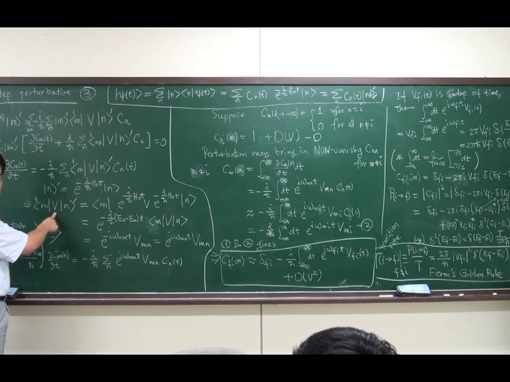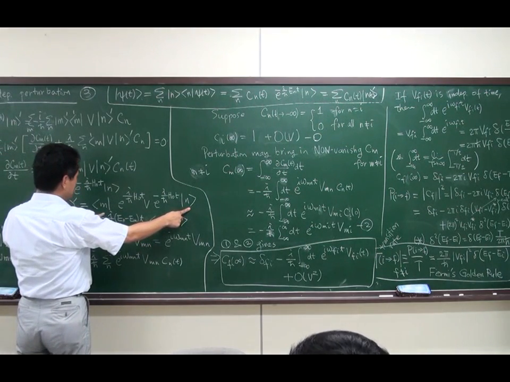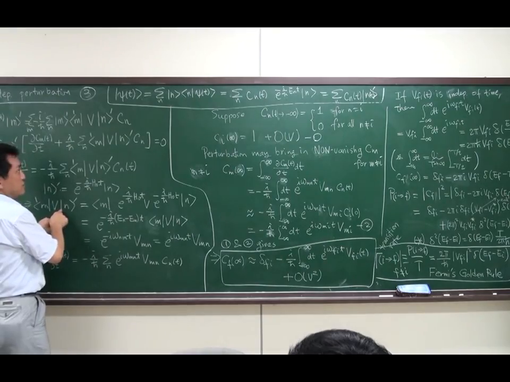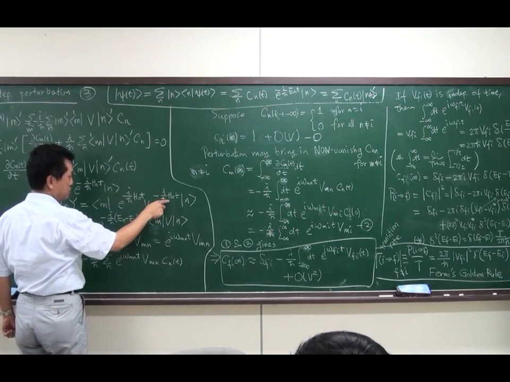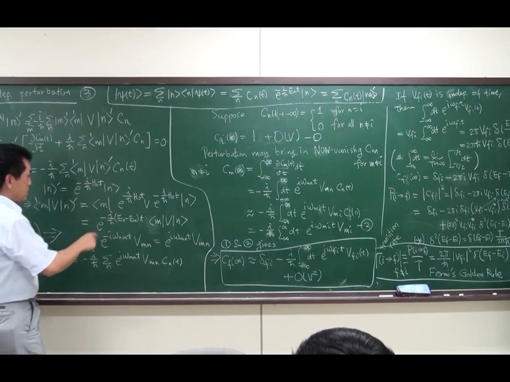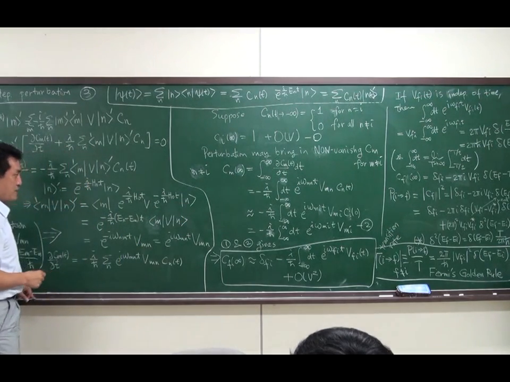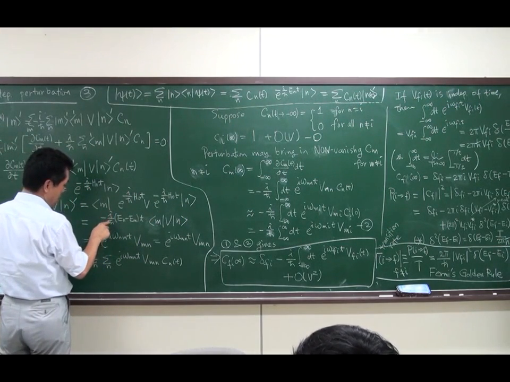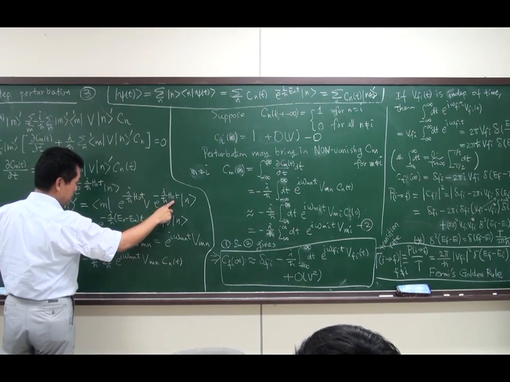So the matrix element from the state n prime to m prime, sandwiching the interaction potential V, can be written in such a way that, with n and m, we just substitute this factor here, that is exponential minus i over h bar H0 t, and its complex conjugate to the left-hand side. And this H0 reads the energy of the state n, this H0 reads the energy of the state m. So this is plus m and minus n.